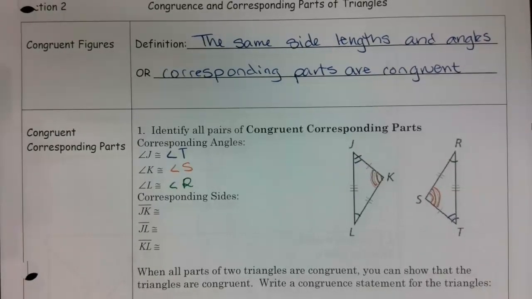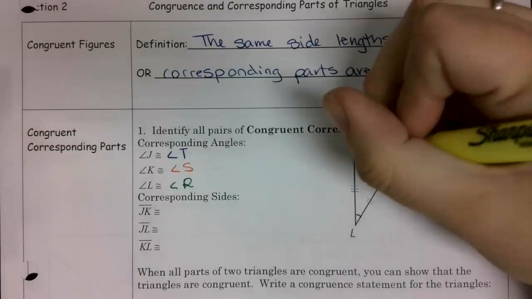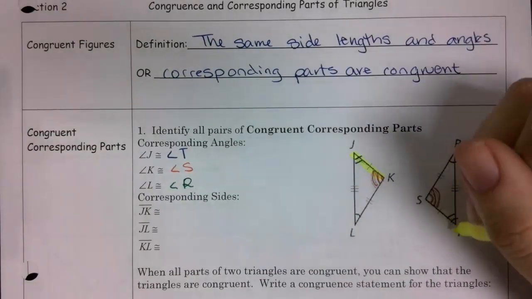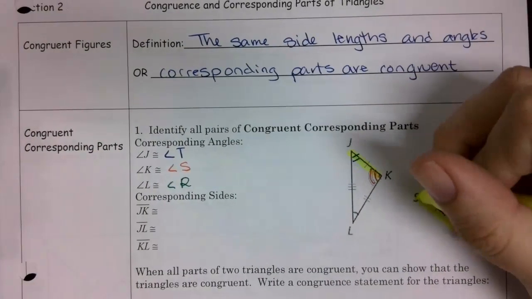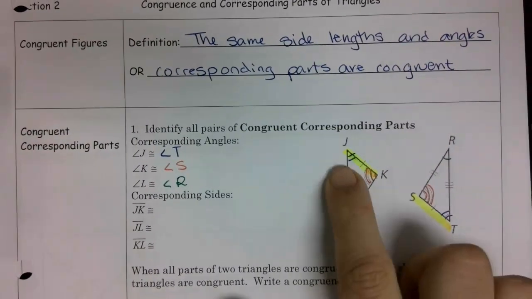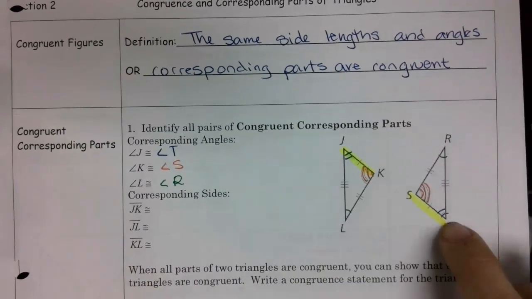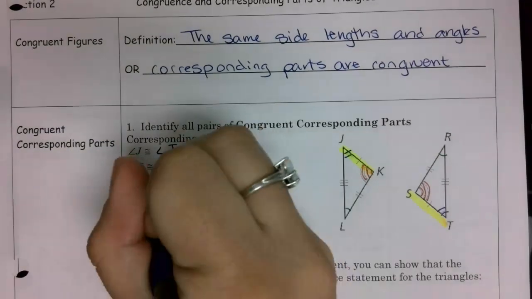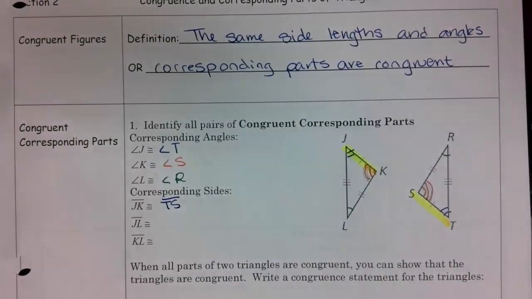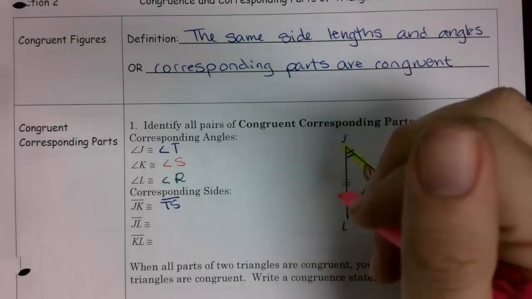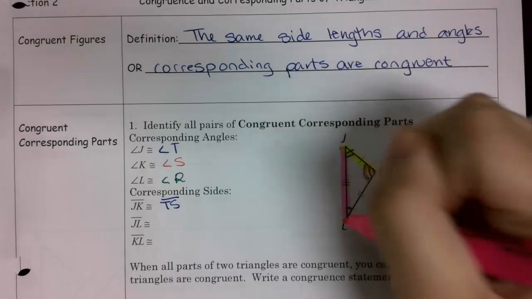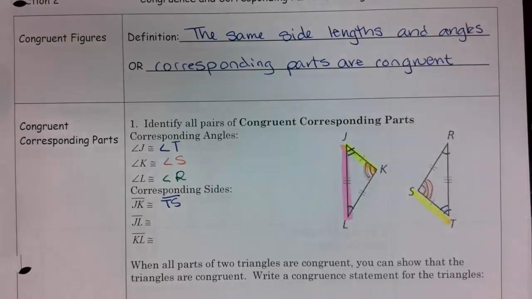For my corresponding sides, I have JK. This has one tick mark. That's going to match up to TS. And I want to go from the double angle to the triple angle. So that's T to S. Then I have JL, which is going from the double angle to the single angle.